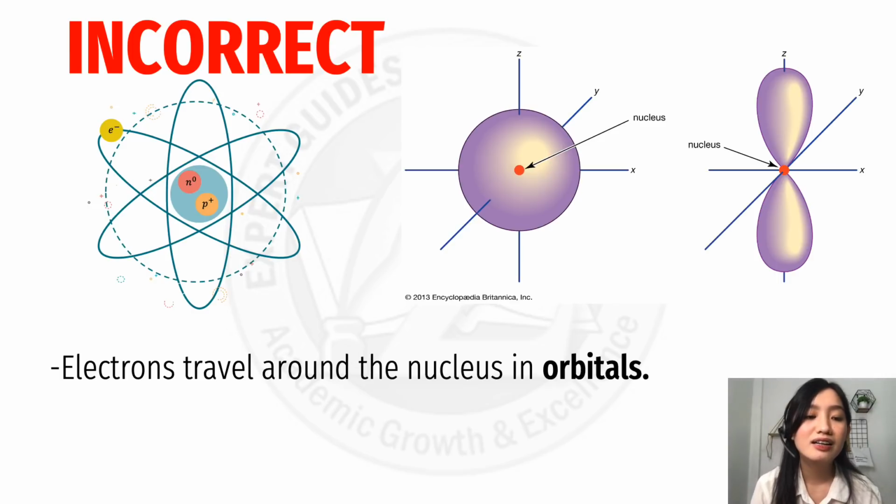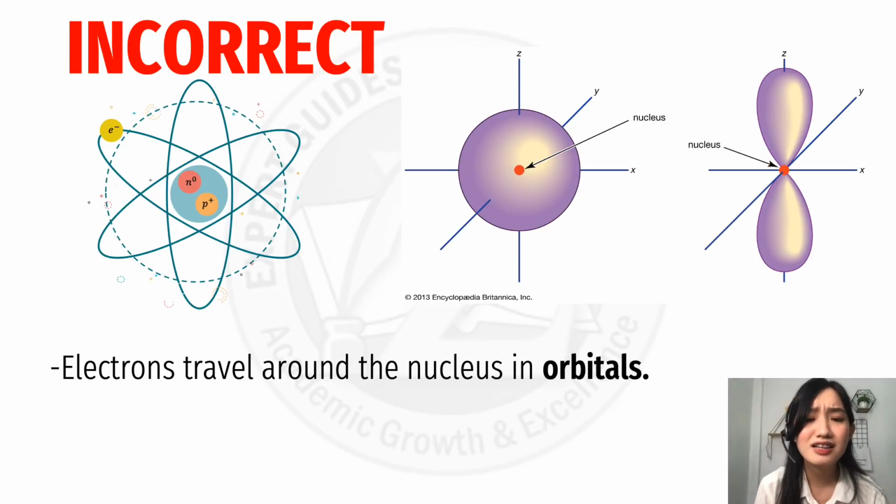We can see here the orbitals here and here. Orbitals are areas within the atoms where there is a high probability of finding the electrons.